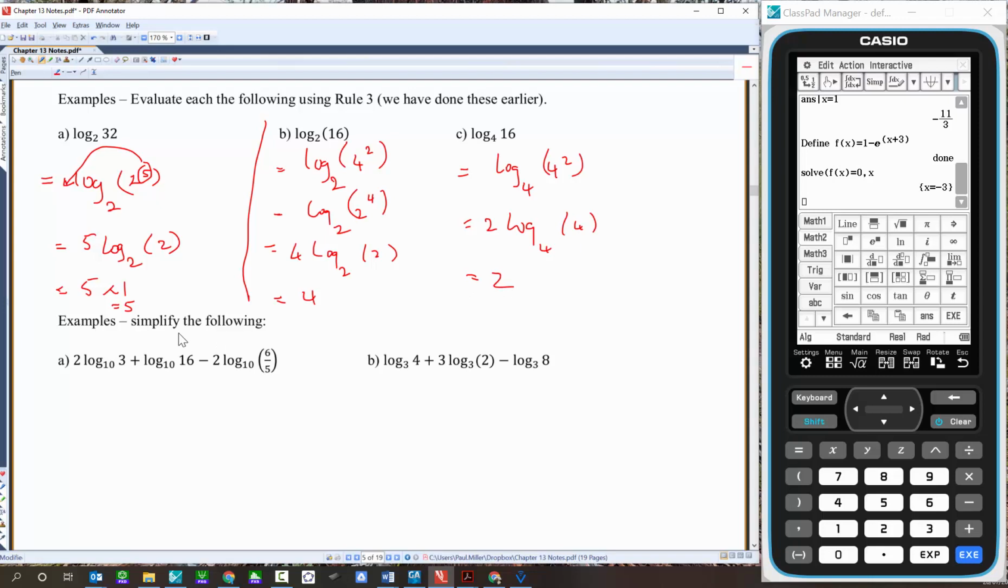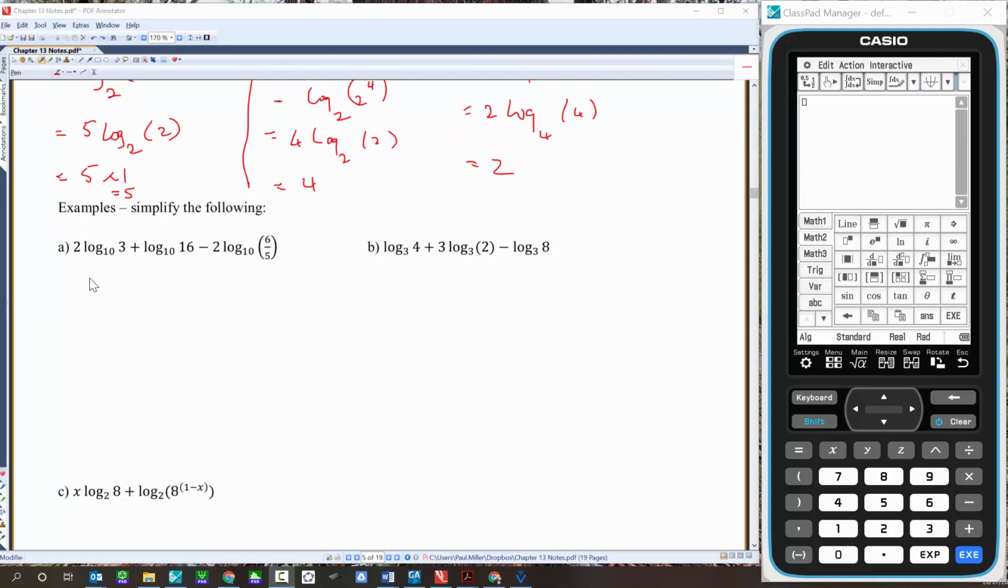All right, let's simplify some. For this problem here, what we want to do is start using some of the other log laws to simplify this down. The reason I can see that we're going to be able to use some laws is I've got base 10 and base 10. And I know that there's a law that allows me to manipulate things when I've got addition and subtraction. The first thing we want to do is get rid of these coefficients here.